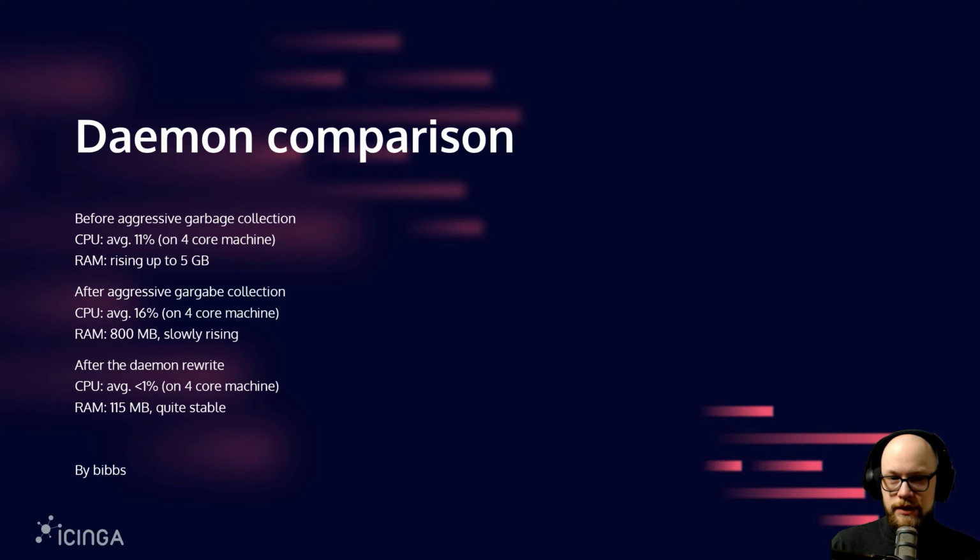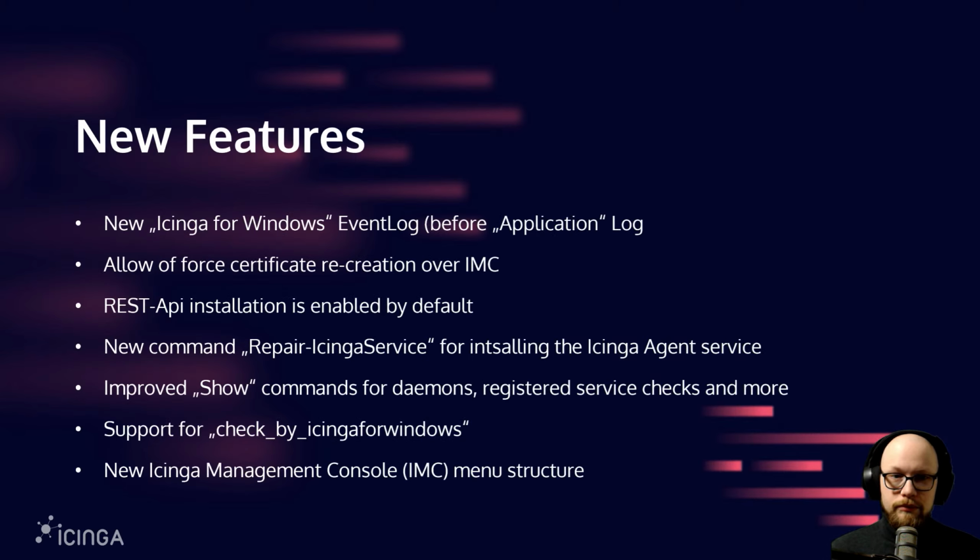So basically that's what was also evaluated internally, and we can confirm that these results are true, and thanks to Bips for testing and posting it. And here we are. That's the new background daemon handling. We are quite happy with it, and it improved performance a lot. It improved stability a lot, and I will come to it later, made things also a lot easier for developers.